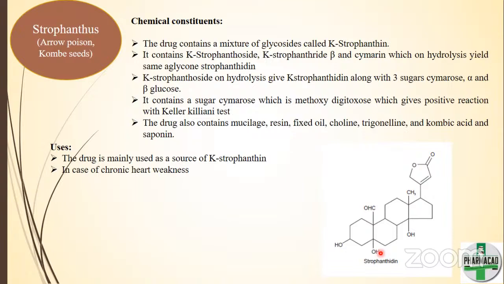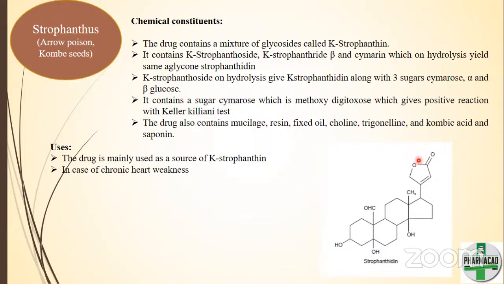Strophanthoside on hydrolysis will give K-strophanthidin along with three sugars: cymarose, alpha and beta glucose. It contains a sugar cymarose, which is methoxydigitoxose, which gives a positive reaction with the Keller-Kiliani test. The drug also contains mucilage, resin, fixed oil, choline, trigonelline, formic acid and saponin.